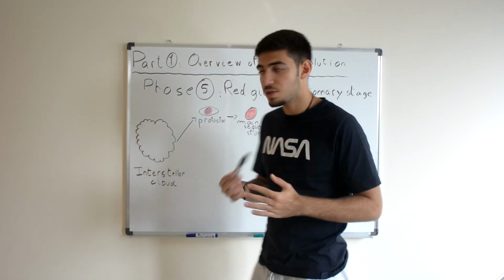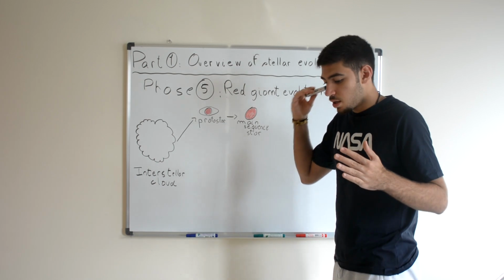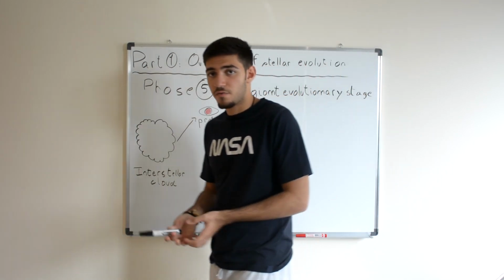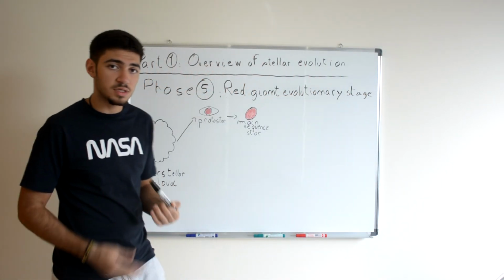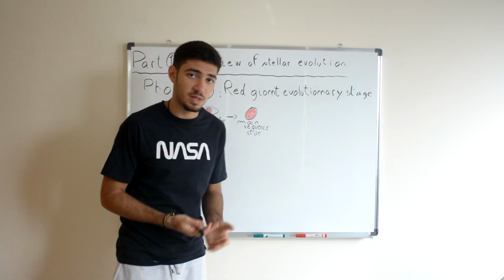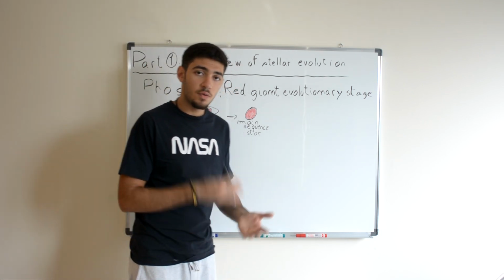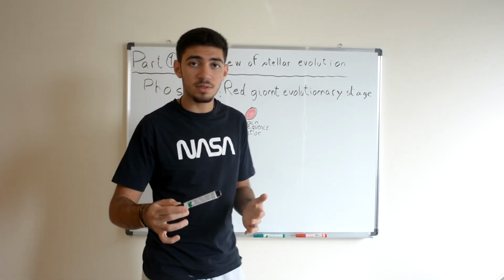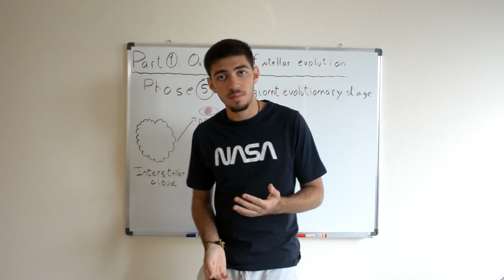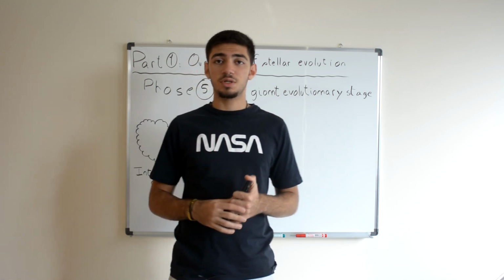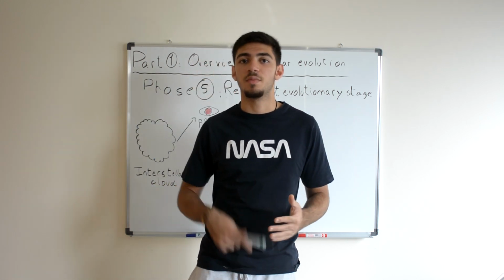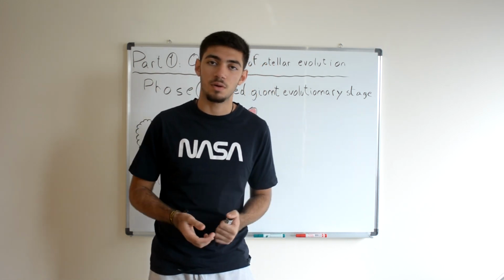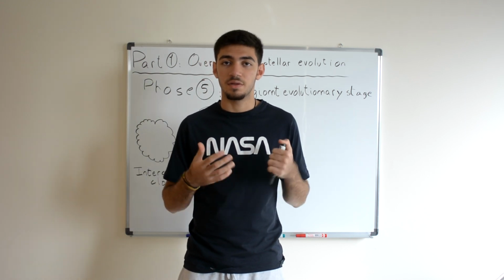So as the temperature increases, we're going to eventually reach a temperature high enough to fuse helium, just like we reached a temperature of 5 million Kelvin to fuse hydrogen. And the point in time where we reach a temperature high enough to fuse helium, and helium is being fused in the core, this is known as the helium flash.